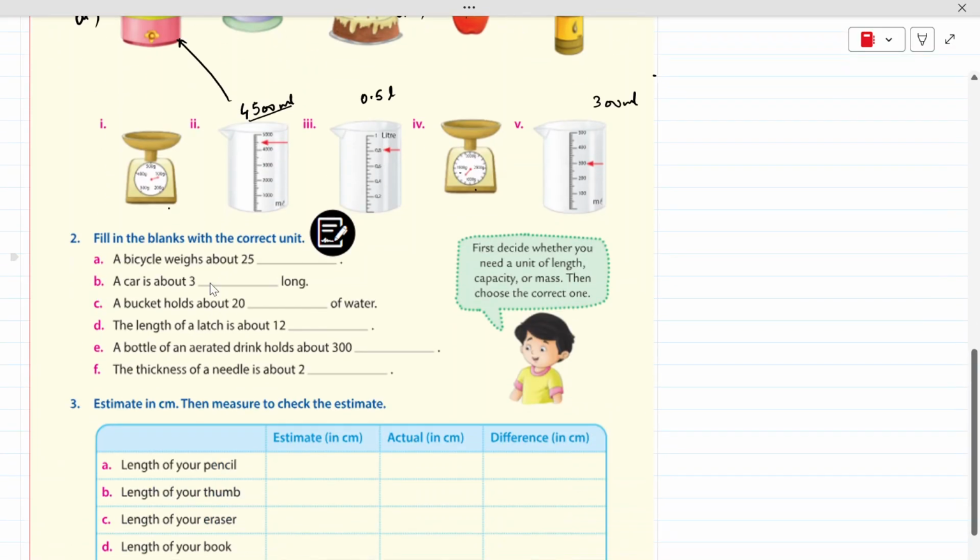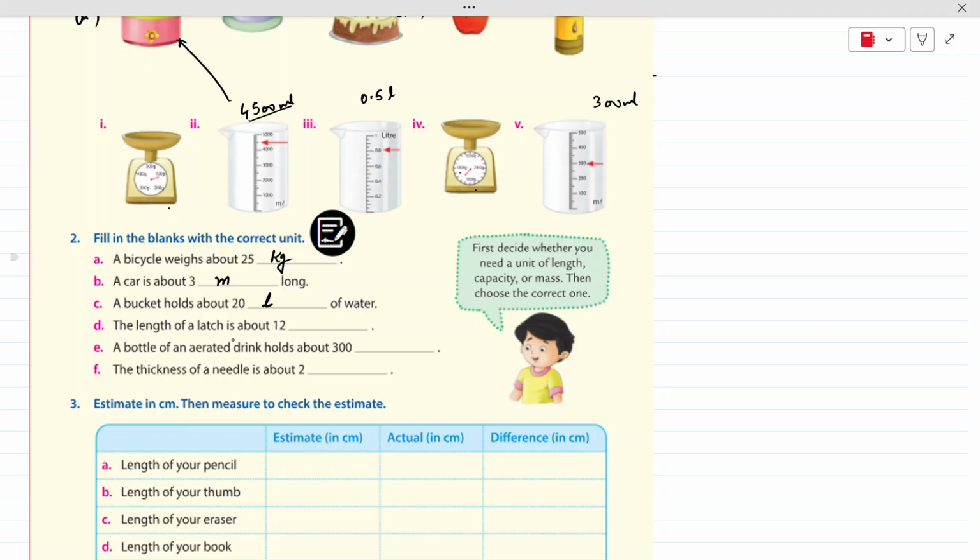Next, fill in the blanks with the correct unit. A bicycle weighs about 25. See, the weight of the bicycle is greater. It cannot be in grams, it's in kgs. A car is about 3 dash long. It will be meters. A bucket holds 20 liters of water.